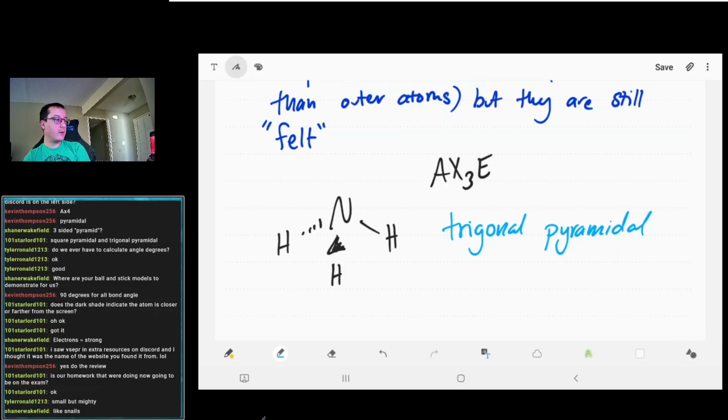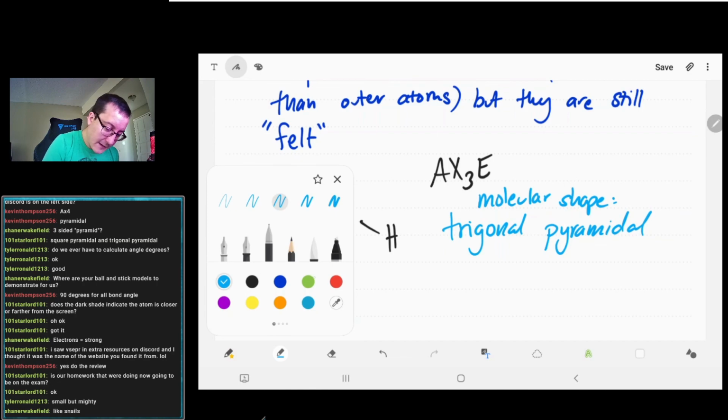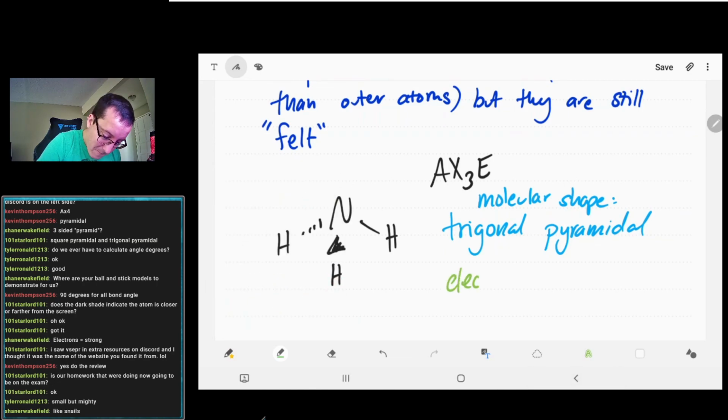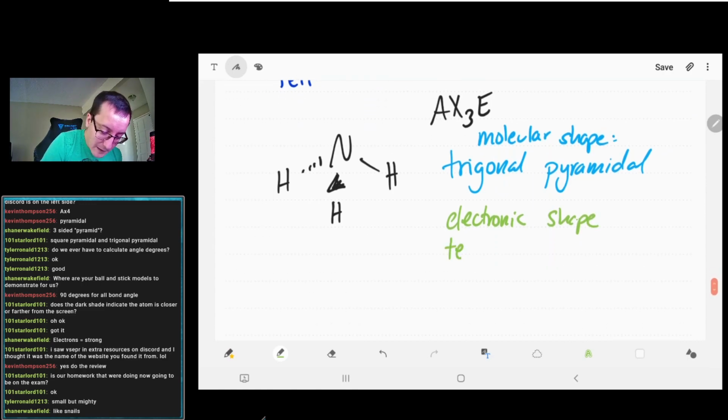So we're going to see that anything that is AX3E, its molecular shape is trigonal pyramidal, and its electronic shape, which includes the lone pair, would be tetrahedral.